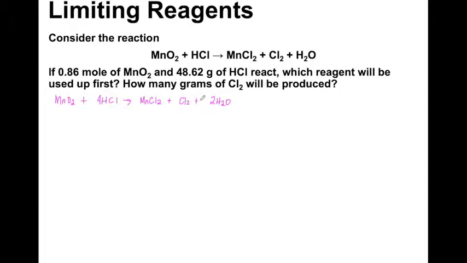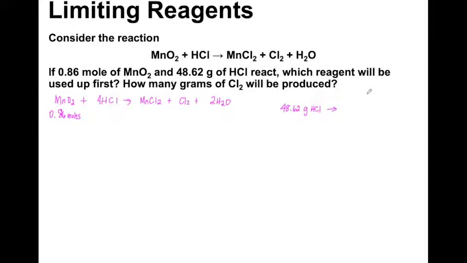So we're given 0.86 moles of manganese dioxide and we are given 48.62 grams of HCl. So try solving this on your own.